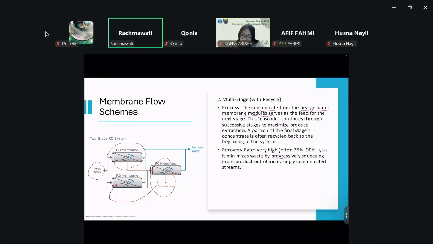Even if it's first a dirty water, you filtrate it one step, more step, and more step. You want to have all the water. In that case, you are going to apply the multi-stage system. It is best used in industrial separations where high yield is critical, for example, reverse osmosis desalination, gas separation, or dairy processing.